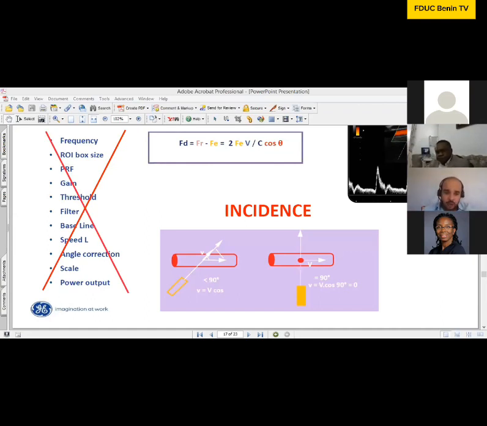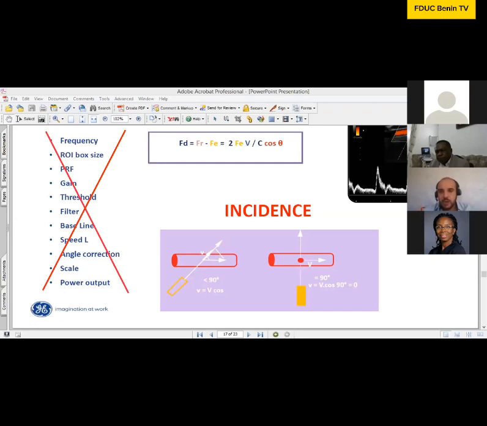If we are not orthogonal, like in the second image here, we will have a signal because our cosine will be lower than 90. In the first case we will not have a signal because we are orthogonal to the vascular structure.